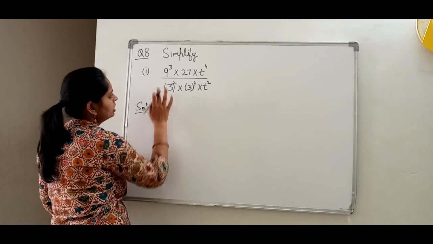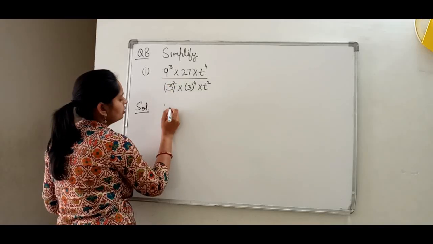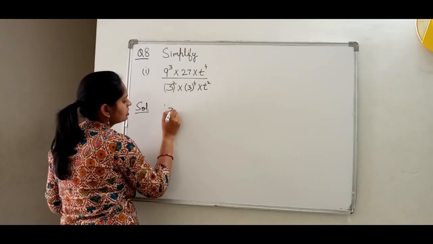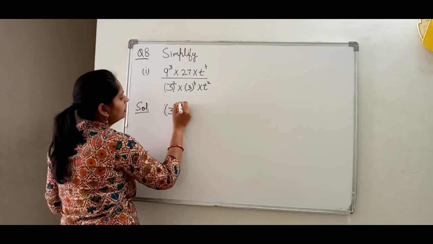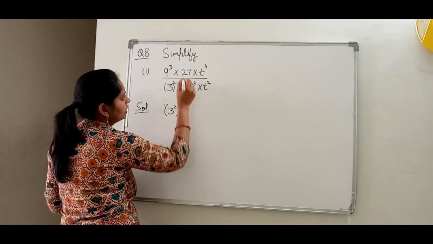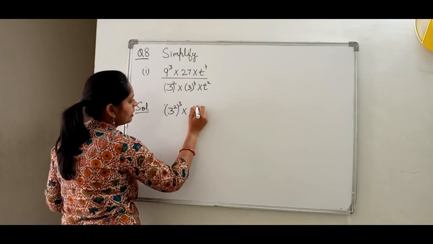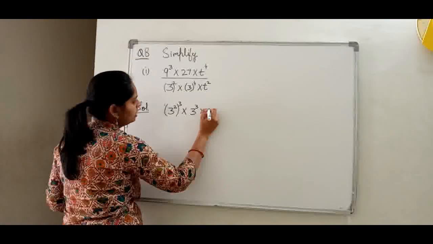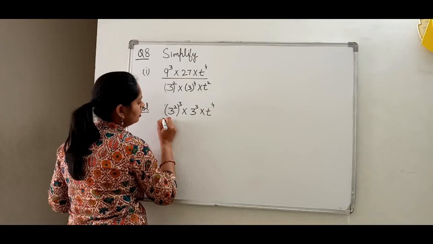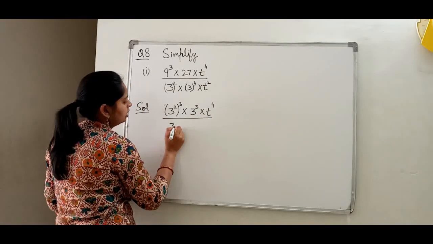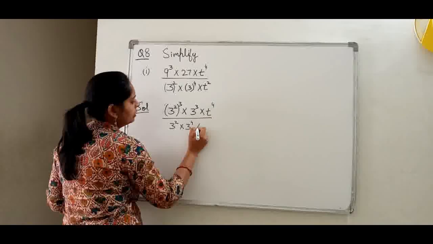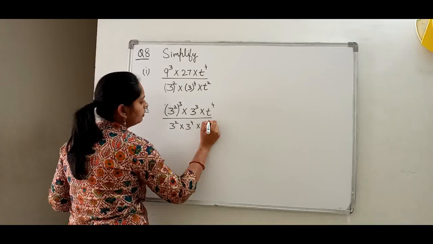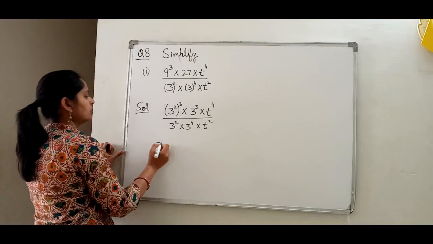I am writing here only the first step of the solution. 9^3: 9 is 3^2, so (3^2)^3 multiplied by 27, which is 3^3, multiplied by t^4, whole upon 3^2 multiplied by 3^4 multiplied by t^2.